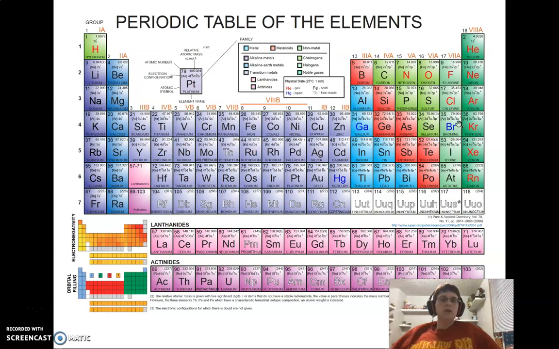So that's Br, and it is over here in group 7. Since it's on this side of the table, it's a negative ion, a -1 ion. Since it's in this column, it has 7 valence electrons. It's missing 1.